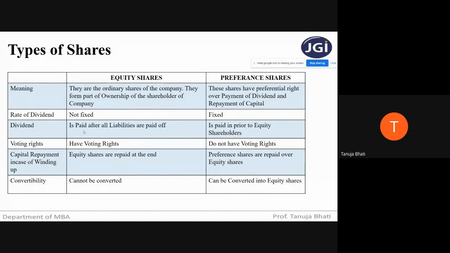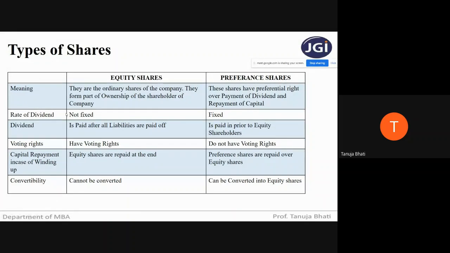First, if debenture holders are there, they will be paid the interest. If the company has taken a bank loan, then the bank loan interest will be paid. Then if the company has preference shareholders, the preference shareholders will be paid, and last, if anything remains, the equity shareholders will be paid off.